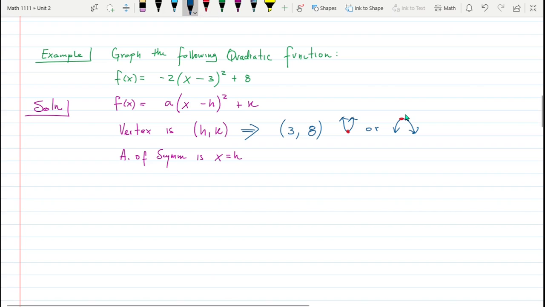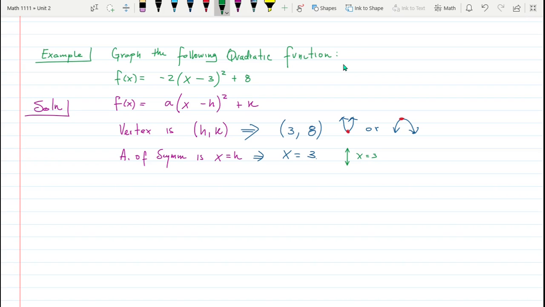Then let's figure out the axis of symmetry. x equals whatever the h value is, in this case, or the x component of the vertex, which is this value here. So it's going to be x equals 3. So there's a vertical line that goes through the value x equals 3.